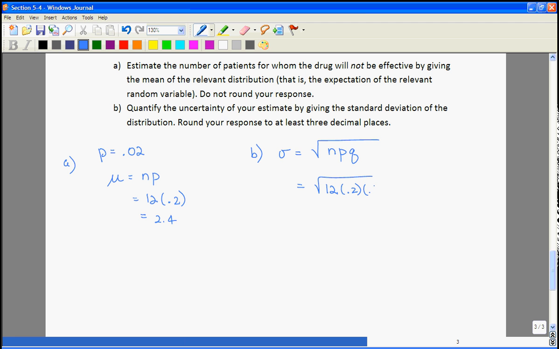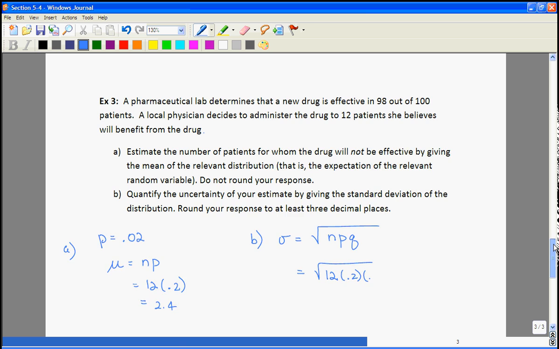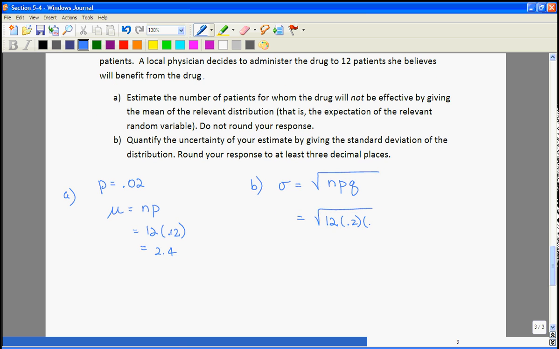And the probability of being effective is, oh, it's not 0.2, my goodness. It's 0.02. So that changes things here. That's 0.24. So less than 1. So on average, she doesn't expect this to be ineffective with anybody. Okay. Caught that little mistake there.